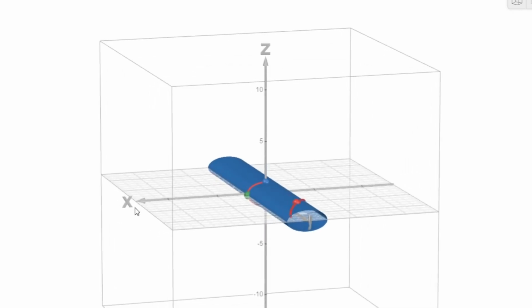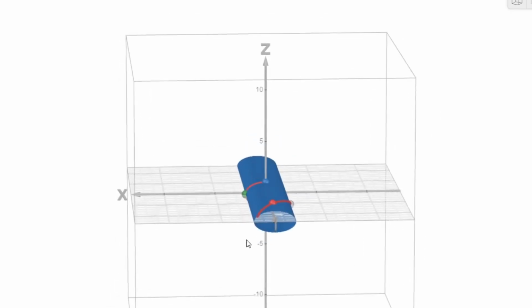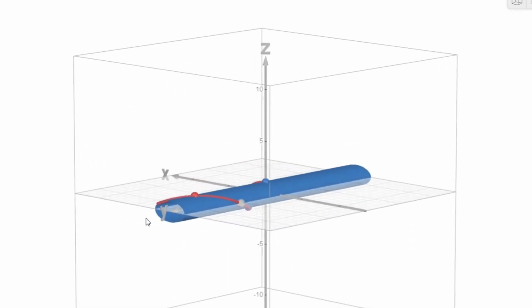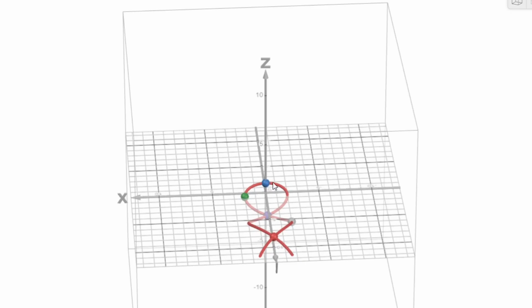So in blue, this is the elliptical cylinder, x squared over 4 plus z squared over 1 equals 1. And the red curve for r of t is on it. But since the domain is all real numbers, we can also have negative t values. And as we go more and more negative for t, we're going along this curve.